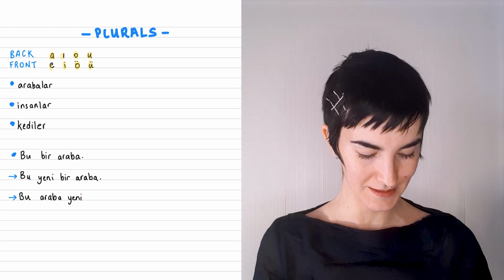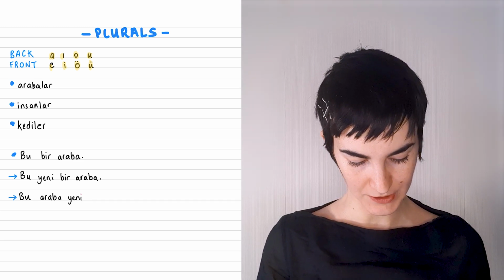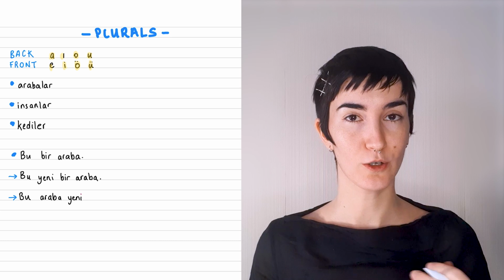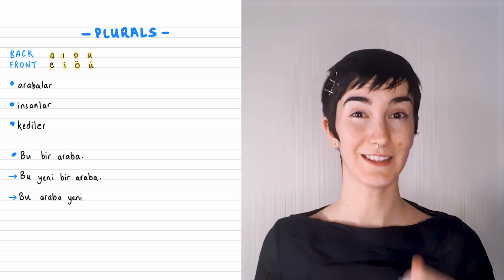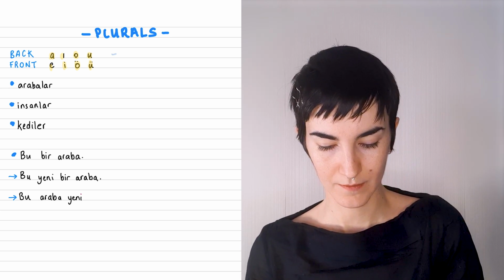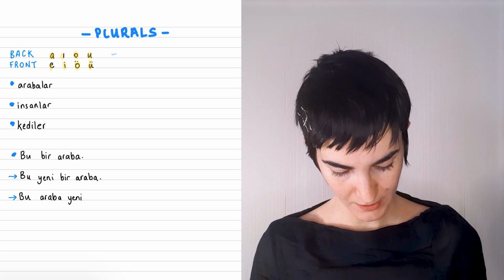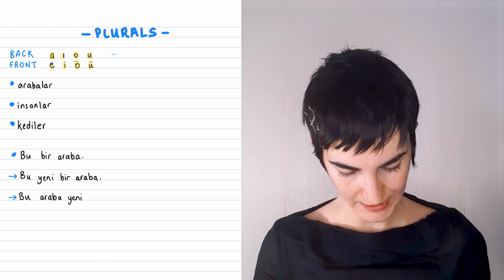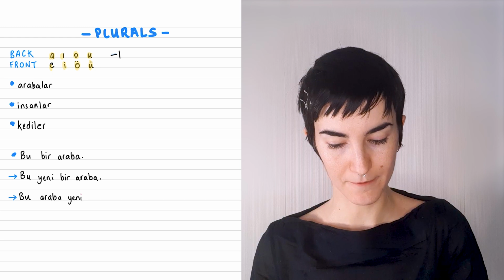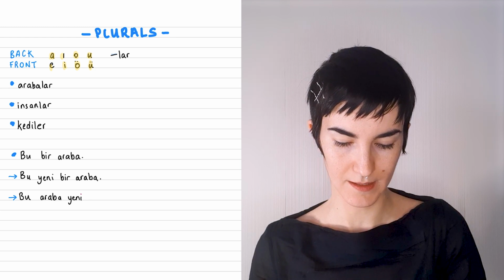So our first suffix is the plural suffix, which is lar or ler. So it is lar when used after a word that ends in a back vowel. We will see that in a second.